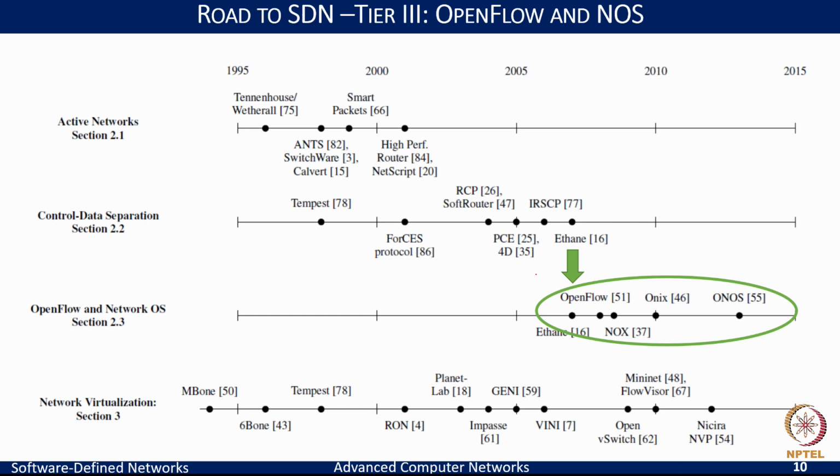And eventually this Ethane and OpenFlow led to a startup called Nicira, which was later acquired by VMware, and what we now know as OpenFlow's southbound APIs, and SDN with a control plane has become a common norm. And this, in a nutshell, is the eventual roadmap of how the SDN we see today started.